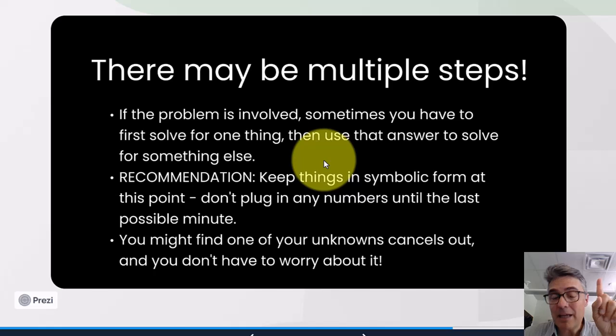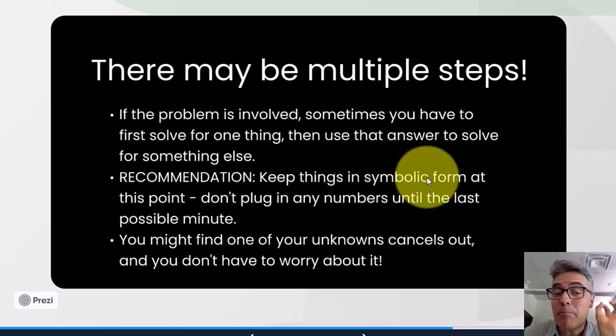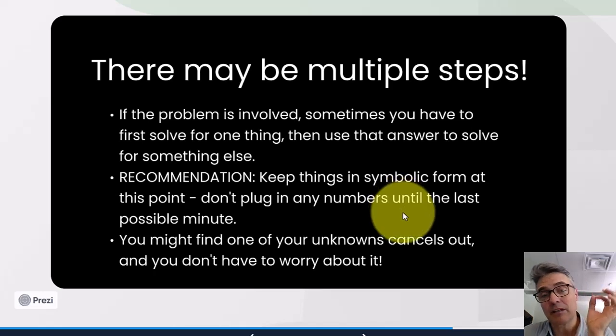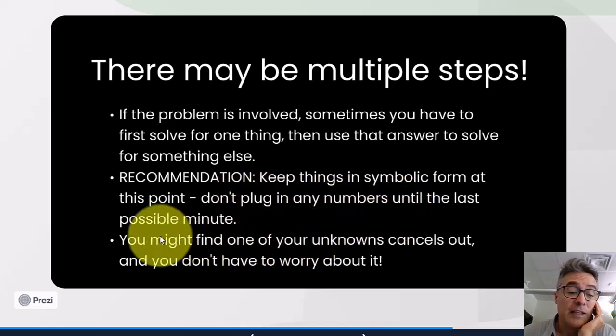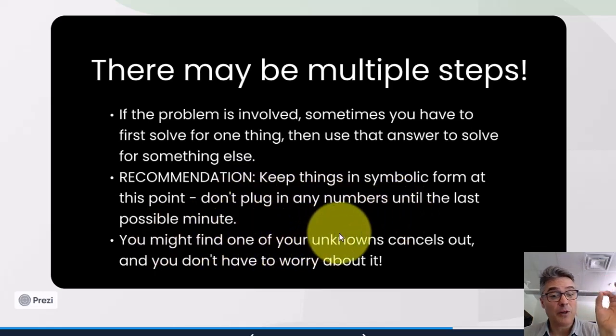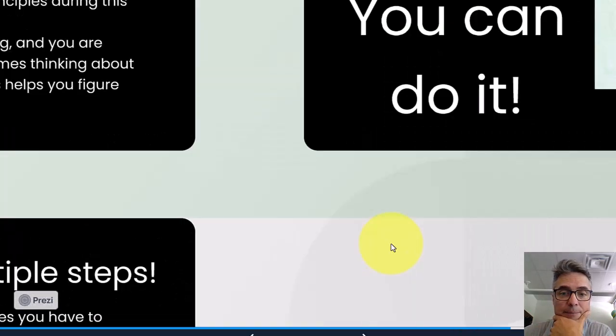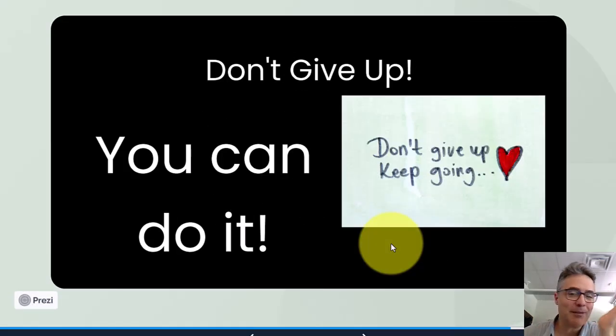I'd recommend if you do this, keep things in symbolic form at this point. Don't plug in the numbers until the last second. And sometimes you find that one of your unknowns will cancel out and you don't have to worry about it, and that saves time. But basically, don't give up. You can do it. Keep on going.